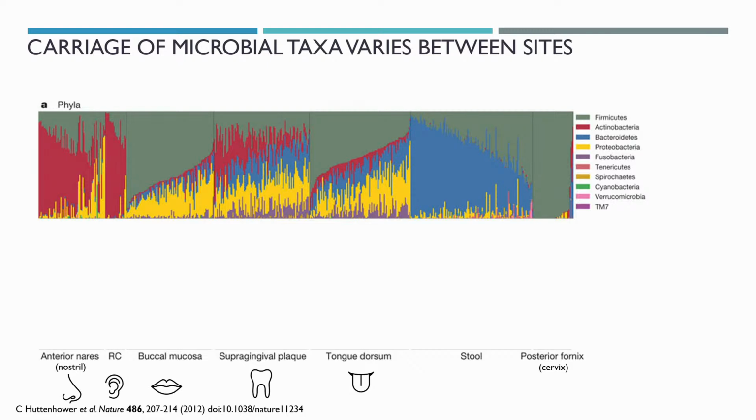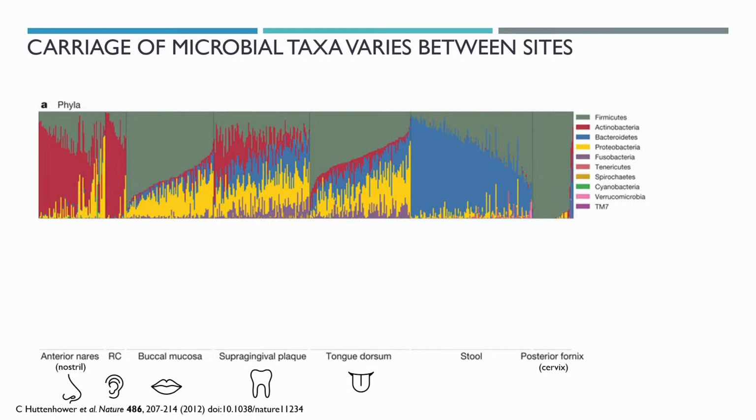So what they're looking at is what microbes inhabit these different sites, and the thing that's missing here is a scale that goes from 0% to 100% at the top. So obviously there's going to be 100% of microbes, and so you'll see here that in the nose you have a lot more red, and the red is the actinobacteria.